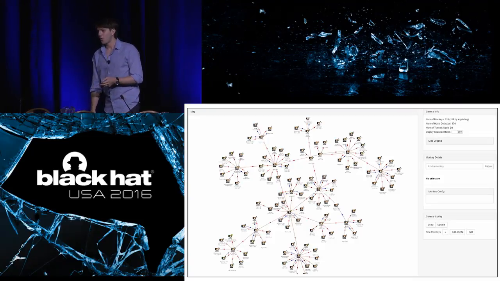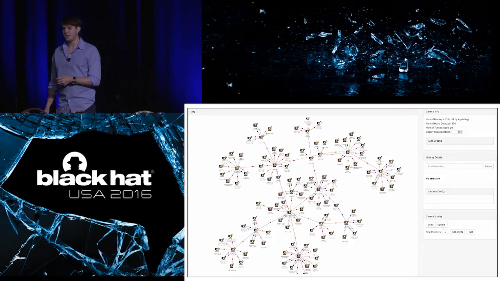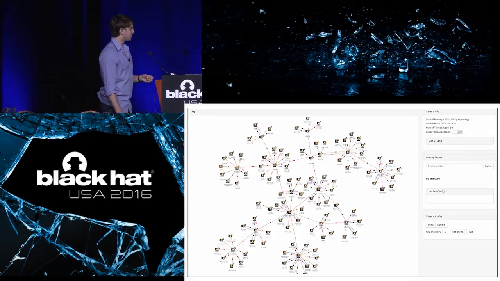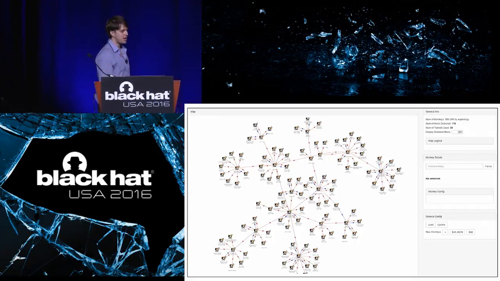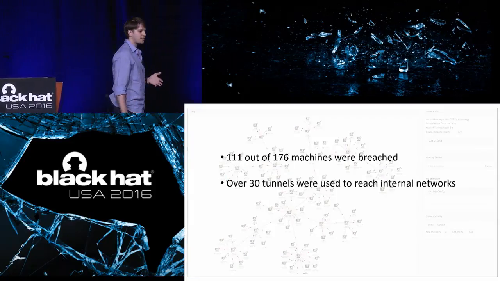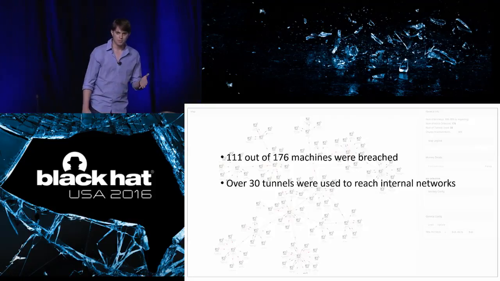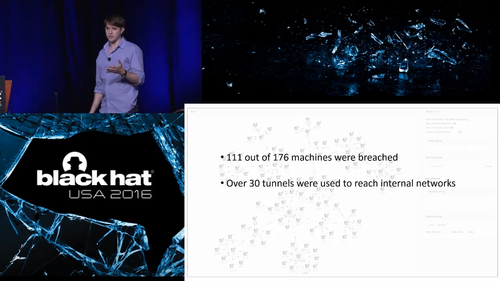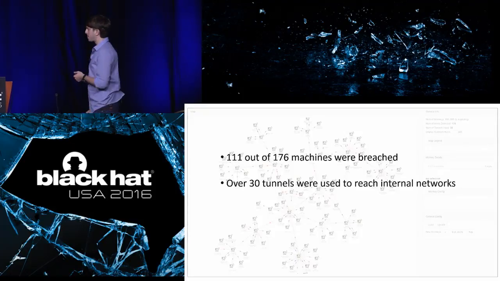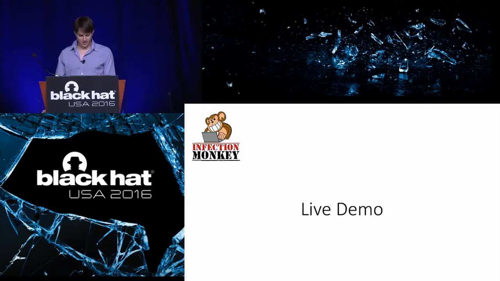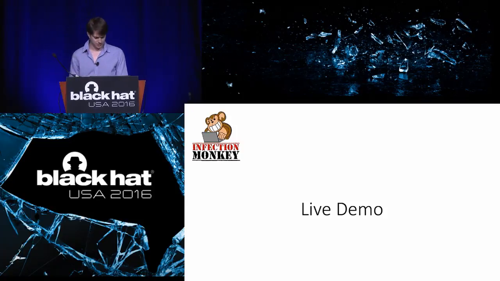What you see here is password recycling across the network. 111 machines out of 176 machines were breached, and over 30 tunnels were used to allow the monkey to access machines with no routing to or from the island. So let me try and show you how we do it.